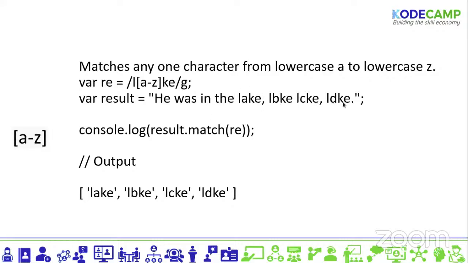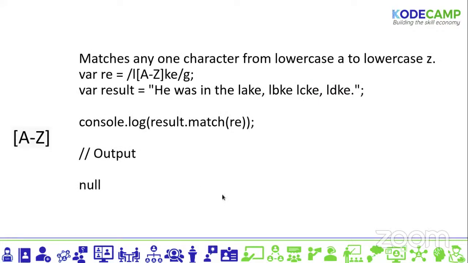It won't check the string again till the end to see if there's any other match. But using global makes it possible to check for any other match after it has seen its first match. So if we use this pattern, we would have LAKE, LBKE, LCKE, or LDKE as the strings sent back to us.